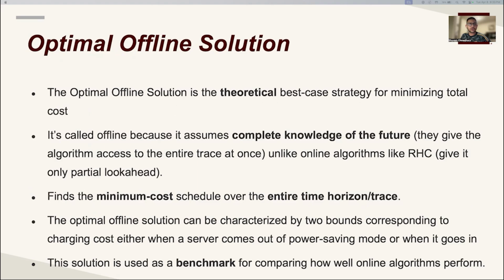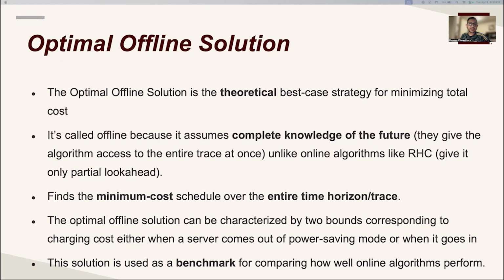So now we're going to talk about the optimal offline solution, which is the theoretical best case strategy for minimizing the total cost. This solution is used as a benchmark to compare against other online algorithms. Basically, it has complete knowledge of the future, which means we give the algorithm the entire trace at once.